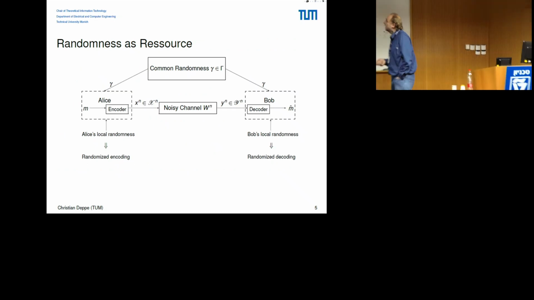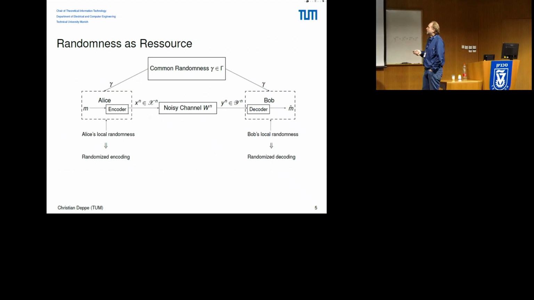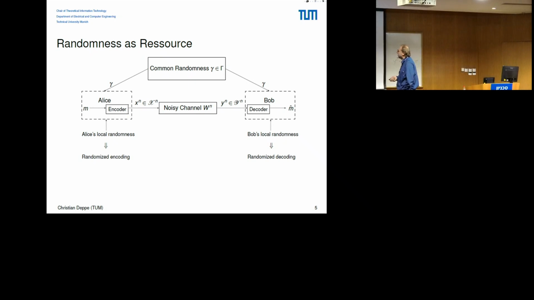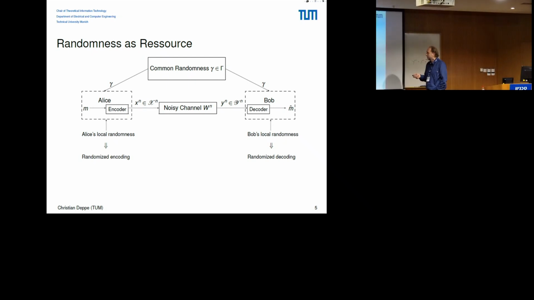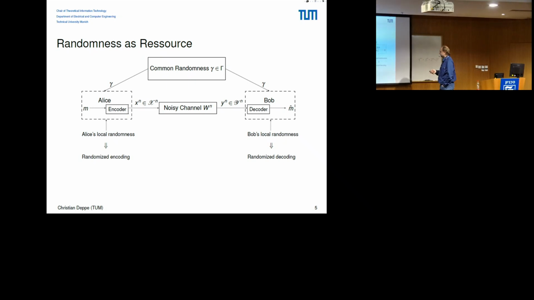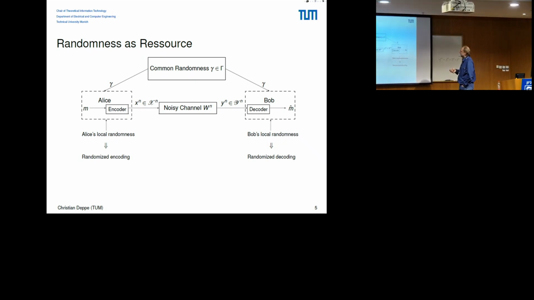Yes, and then I consider here what happens if we have resources. I consider here randomness as a resource, and I consider three different resources. First, like Gerhard did in the morning, we look at local randomness, so that we can randomize encoding, and randomness at the decoder, so that we could do randomized decoding.